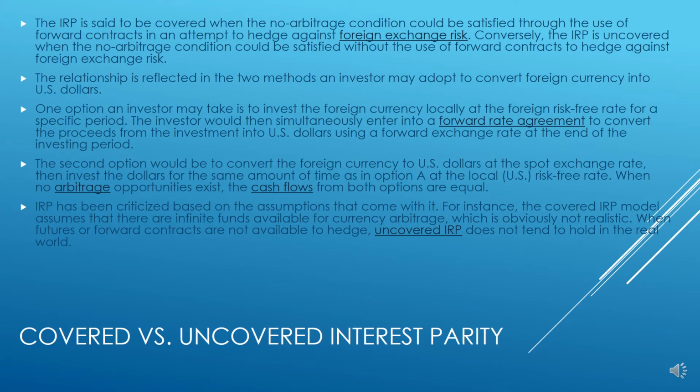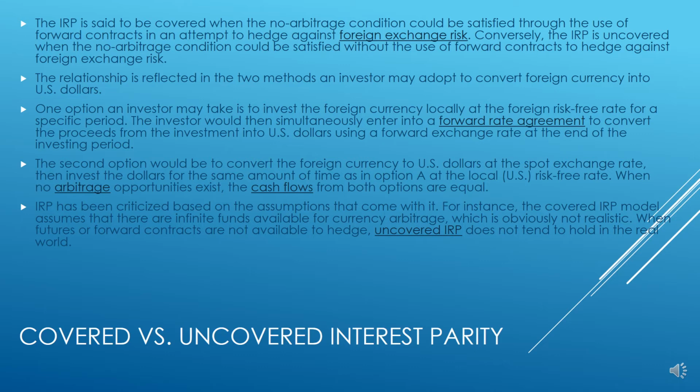The relationship is reflected in the two methods an investor may adopt to convert the foreign currency into US dollars. One option an investor may take is to invest the foreign currency locally at the foreign risk-free rate for a specific period.